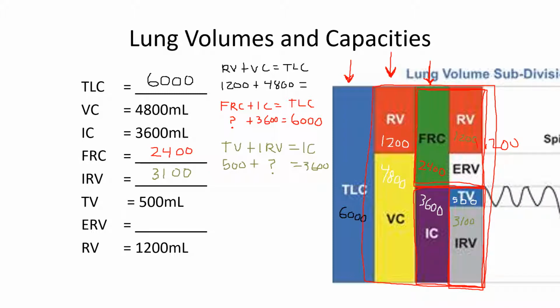We know that needs to be 2,400. RV is 1,200, so ERV is going to be the other 1,200. And then just double check your columns. Make sure each column equals the 6,000.